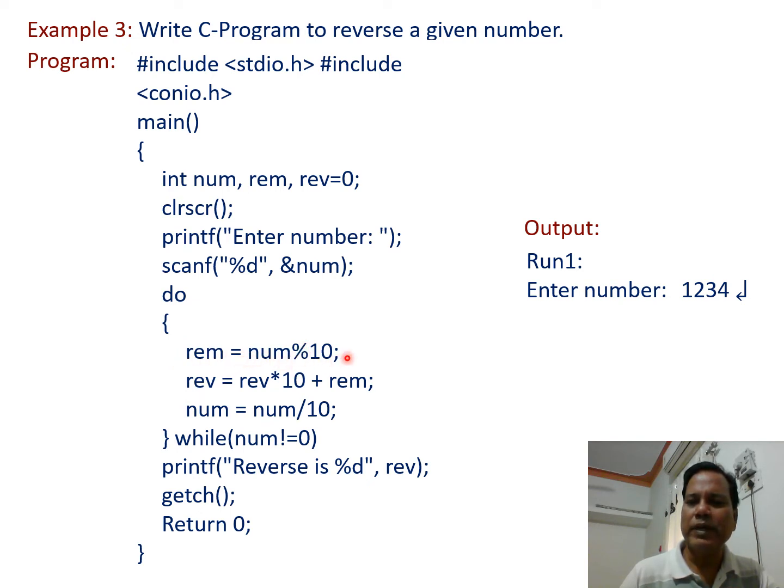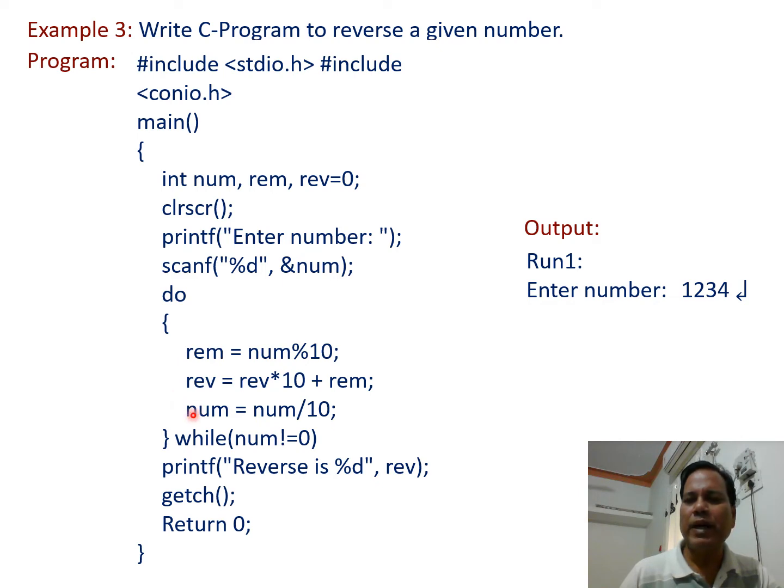This statement separates the last digit, that is 4, from the number, and that 4 is assigned to the left side variable rem. Then reverse equal to rev into 10 plus rem. So the initial value of rev is set as 0. 0 into 10, that is 0, plus rem, that becomes 4. 4 is assigned to the left side variable rev.